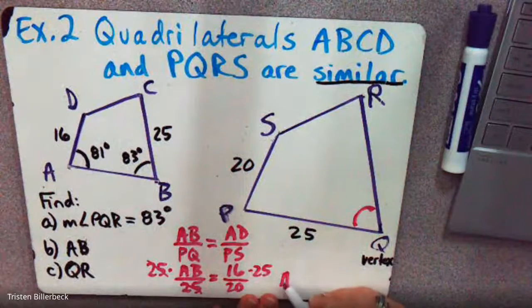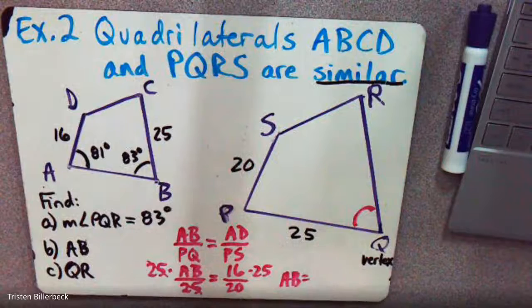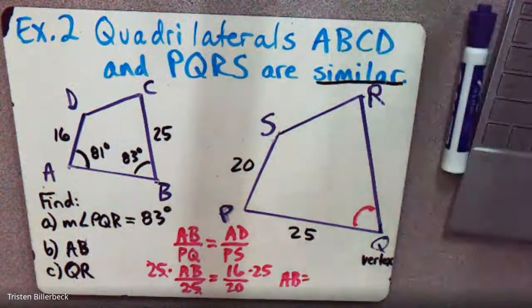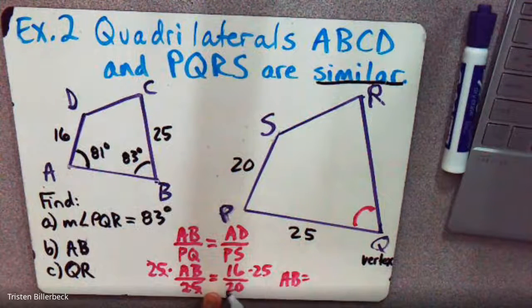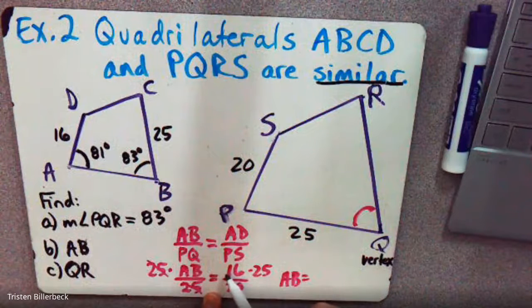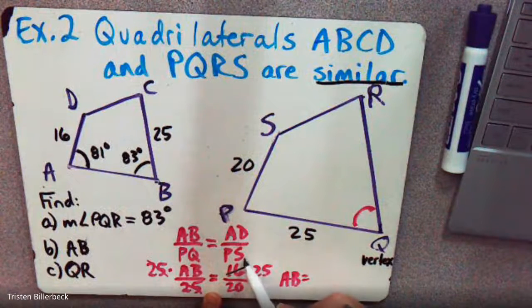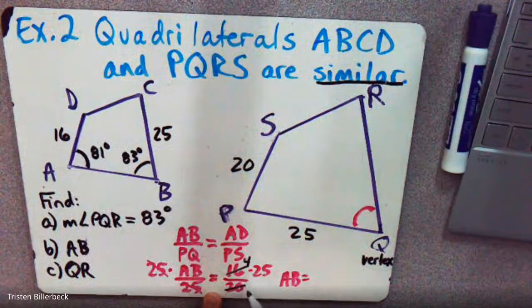So we get AB equals, and I do not want to do a ton of multiplication. I do not want to multiply 16 times 25. So I am going to take out the greatest common factor here. So I know that 16 is divisible by 4 and 20 is divisible by 4. So there are 4 4s in 16 and there are 5 4s in 20.